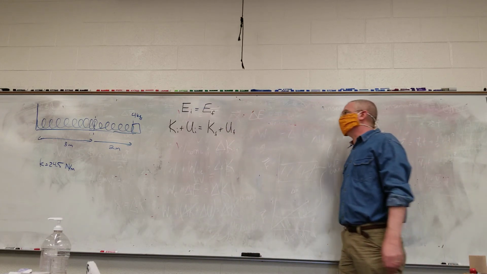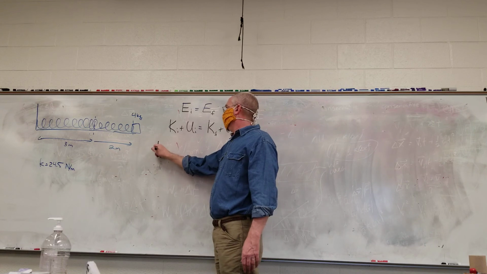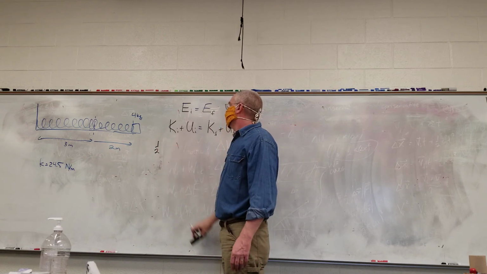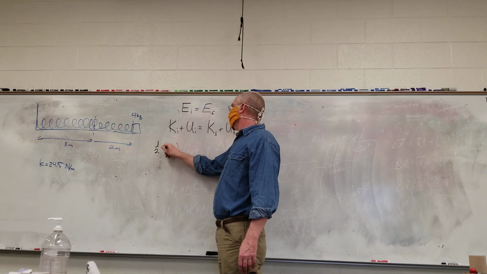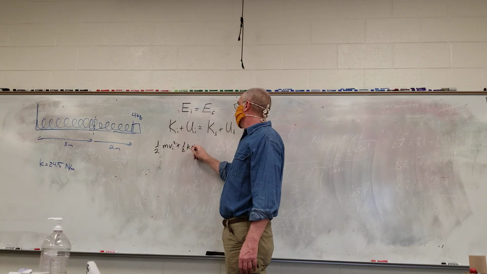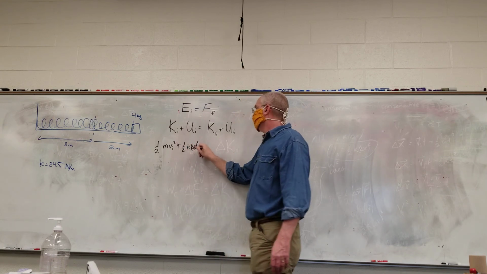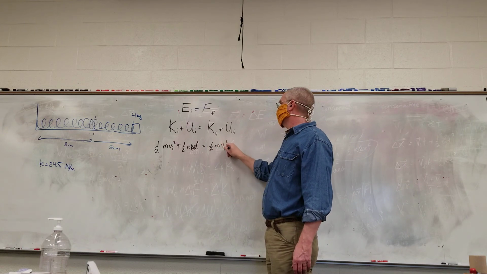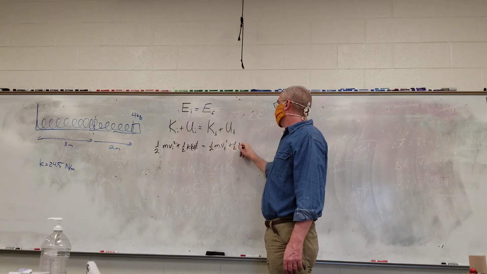We plug in formulas here. This is 1/2 m v initial squared plus 1/2 k delta x initial squared is equal to basically the same thing but final: 1/2 m v final squared plus 1/2 k delta x final squared.